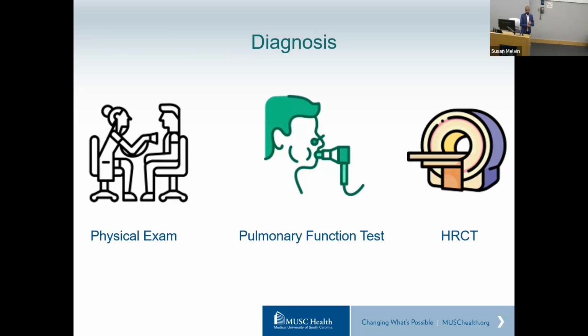We listen to what has changed. What were you able to do 6 months ago that you're not able to do now? Is there anything else? Are you bringing up any sputum? Pulmonary function testing gives us a quantification. It gives us an objective measure of how well your lungs are functioning. And the gold standard for identifying any form of interstitial lung disease is a high resolution CT scan.